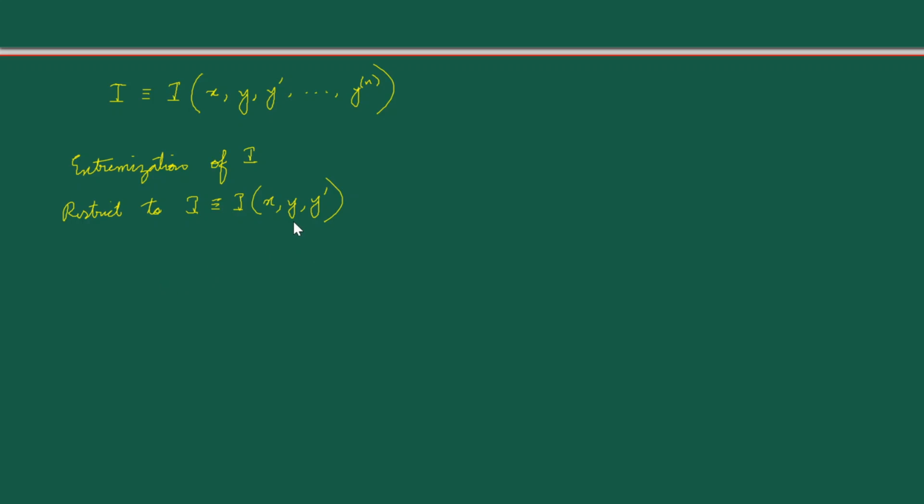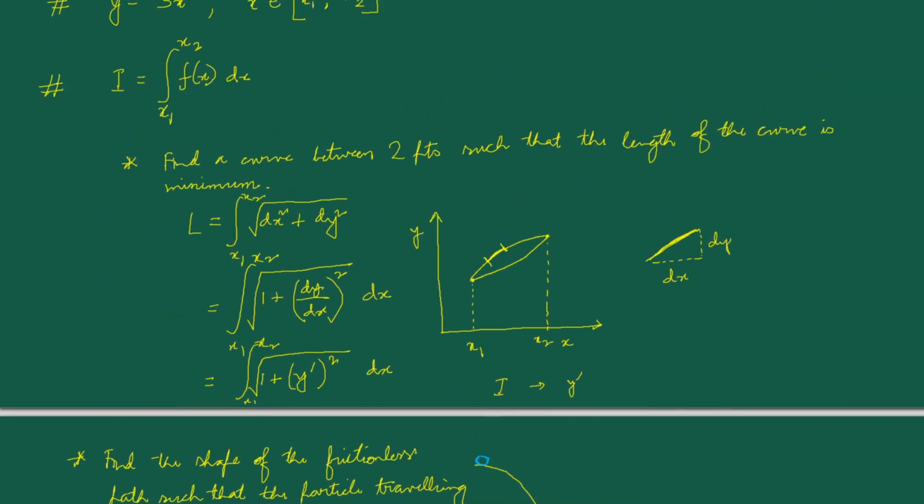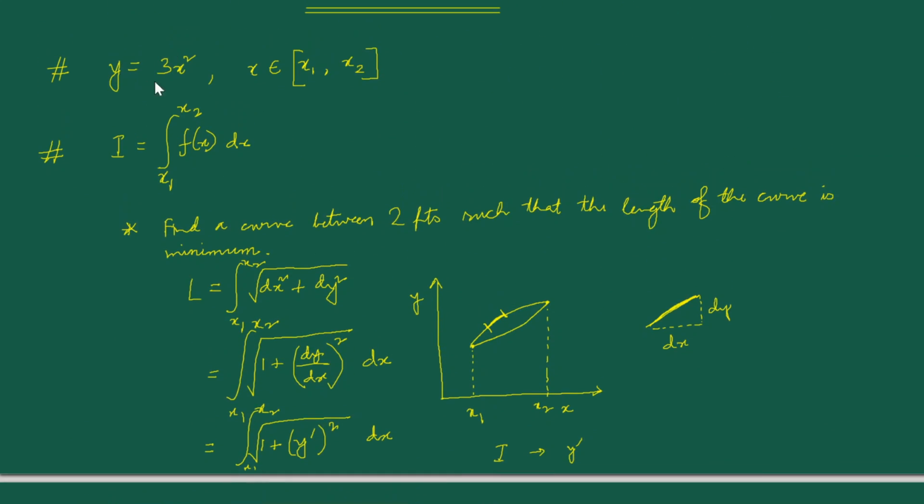Because note this, y is the curve of concern here. Back when we did this first very familiar example, y is equal to 3x square, and I asked you to find the minimum value of this y, of course you are going to do dy dx.